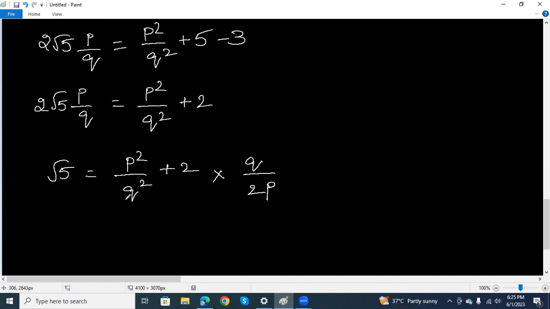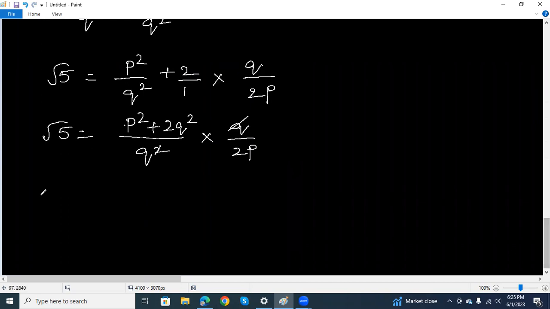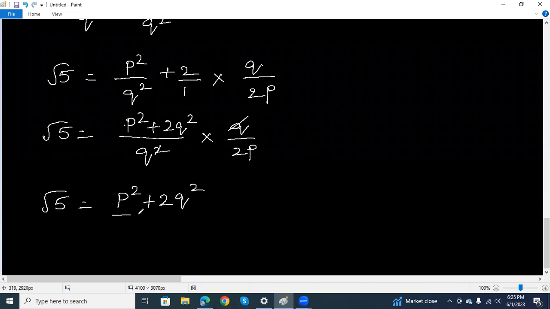Okay. So let's take the LCM for this. What is the LCM? Q square, P square as it is, 2Q square into Q by 2P. One Q gets cancelled. So root 5 is equal to (P square plus 2Q square) by 2PQ.